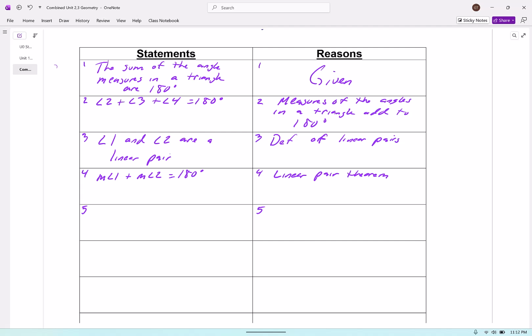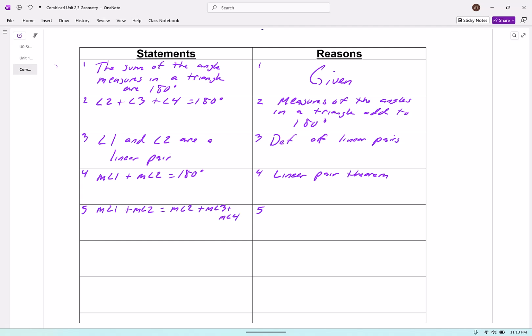I notice in step 2 and step 4, I have the measure of angle 2 as a part of it. So maybe they each equal 180, and then maybe what I could do is set those equal to each other. So I see that the measure of angle 1 plus the measure of angle 2 equals the measure of angle 2 plus the measure of angle 3 plus the measure of angle 4.